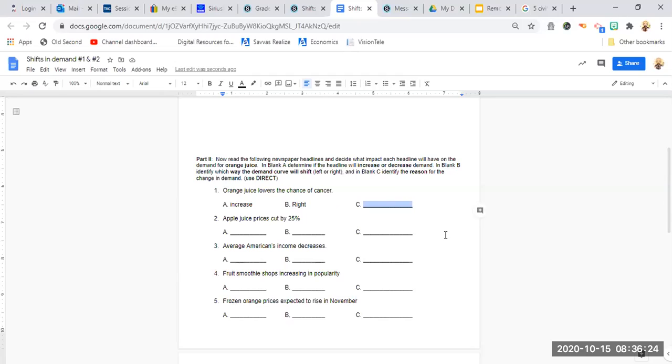So in this particular example, you might put expectations, and I would tell you that you are correct. Expectations would be you expect to drink orange juice and lower the chance of cancer. You could also say, for instance, I prefer to drink orange juice because I'm trying to lower the chance of getting cancer. Those are all acceptable. You could have multiple.